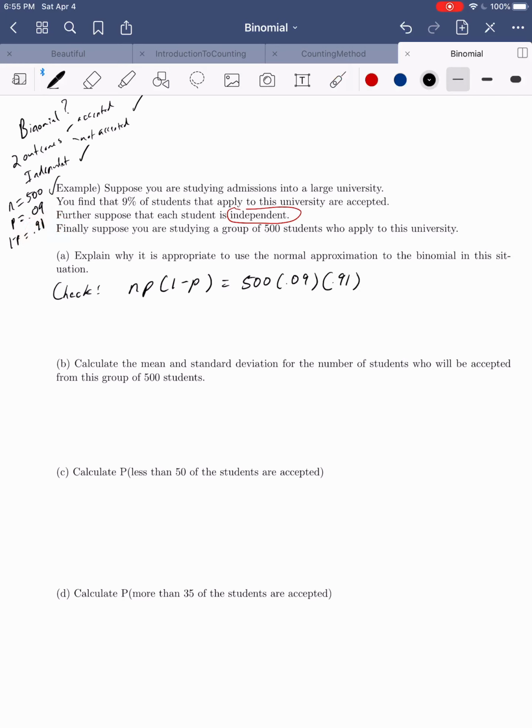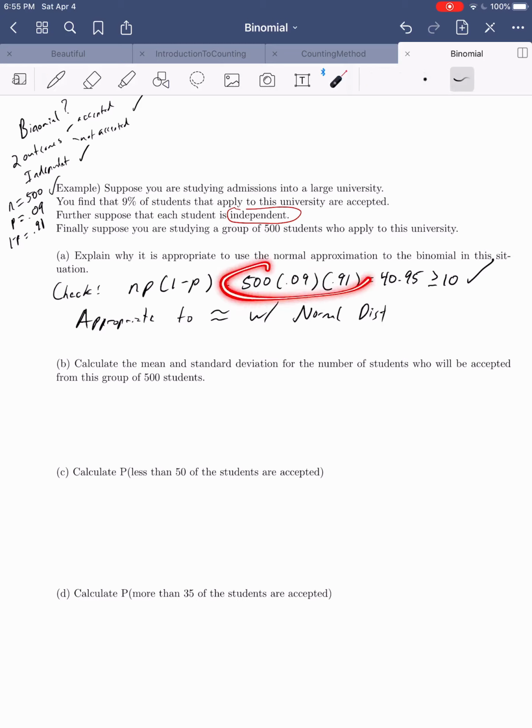So we multiply those things together, 500 times 0.09 times 0.91, and we get 40.95. Is that good? Is it bad? Well, it's good, right? That is greater than or equal to 10. So we are all good. So we can say it is appropriate to approximate with the normal distribution.